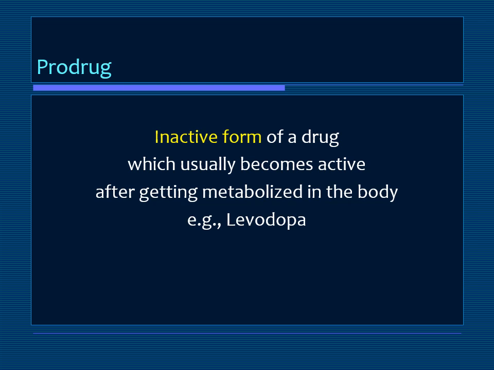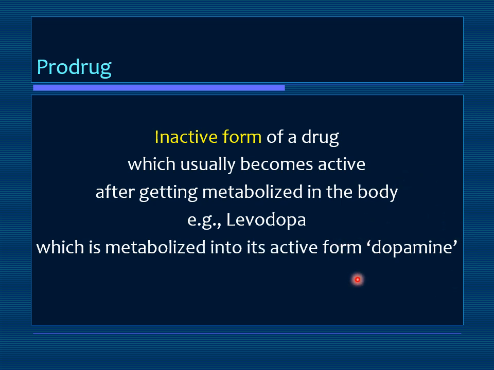For example, levodopa. From our previous knowledge of physiology, we know that levodopa is used in the disease of Parkinsonism. We know in Parkinsonism actually there is a specific deficiency of dopamine in the basal ganglia. But at the same time we know that dopamine itself, if given as a drug from outside the body, cannot cross the blood-brain barrier, so cannot enter into the brain to reach the basal ganglia.